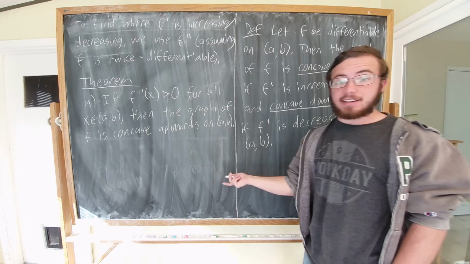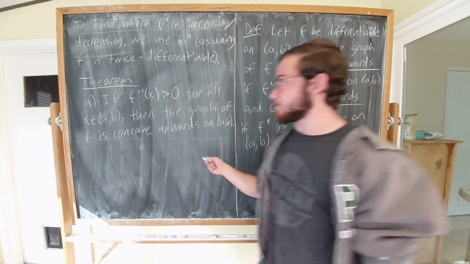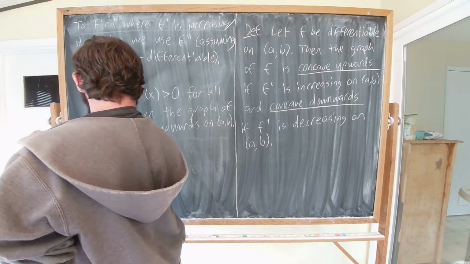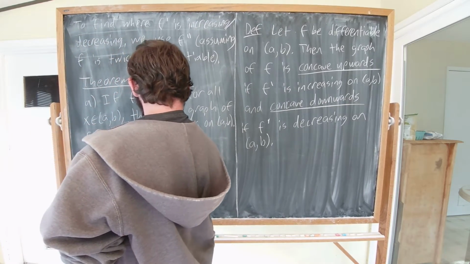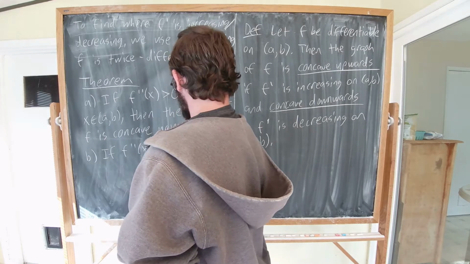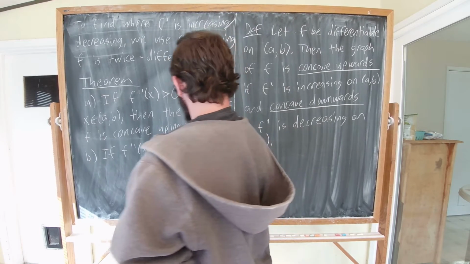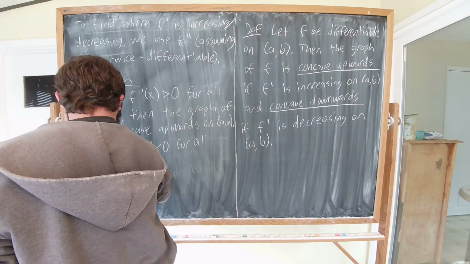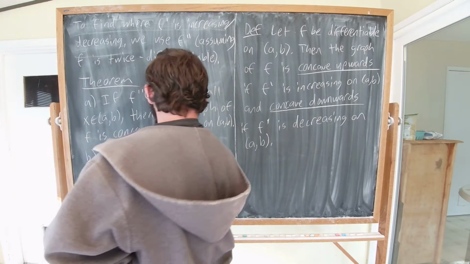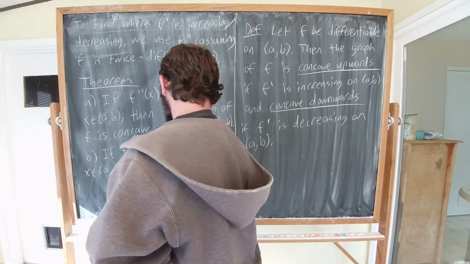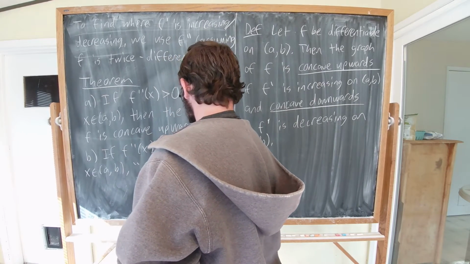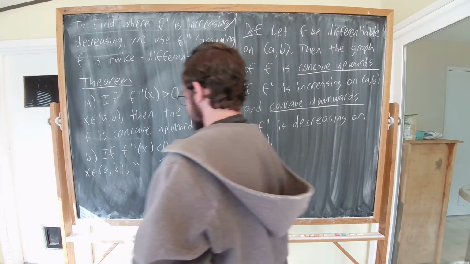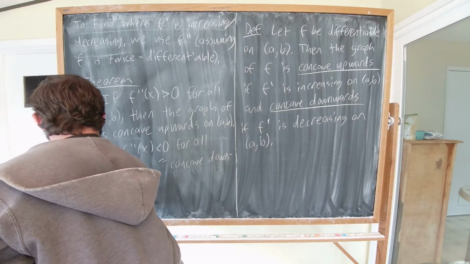And we get the exact same thing for concave downwards. If f double prime of x is less than 0 for all x in a to b, same thing as above except concave downwards on a to b.